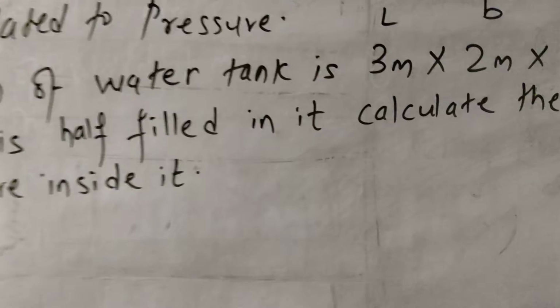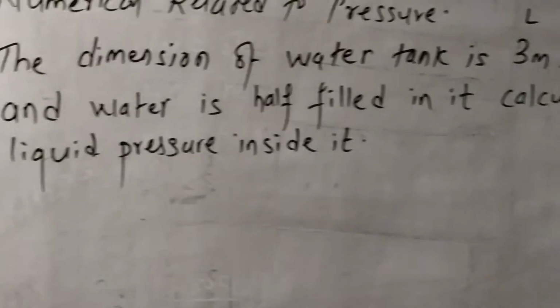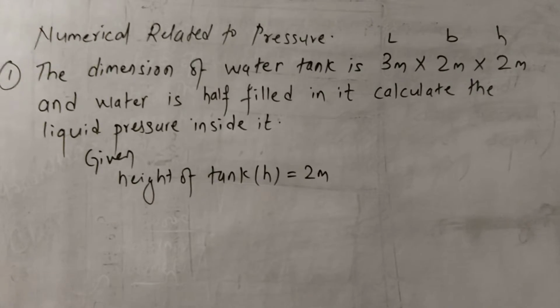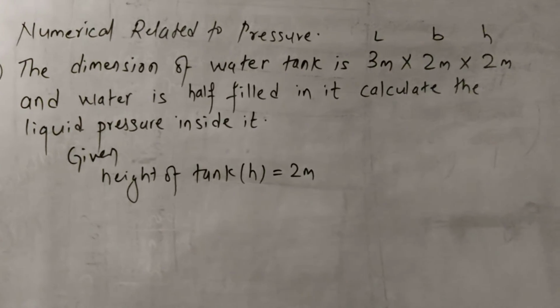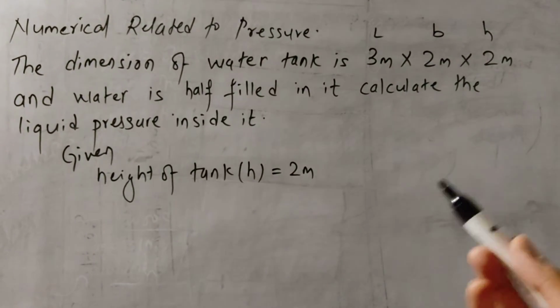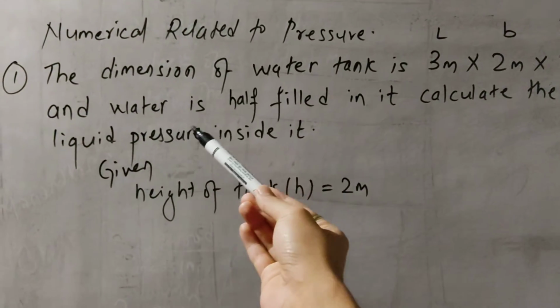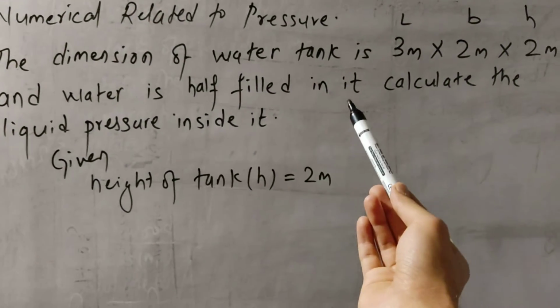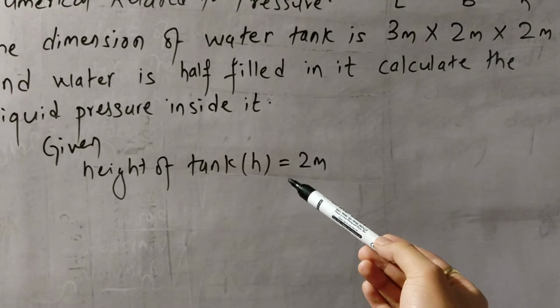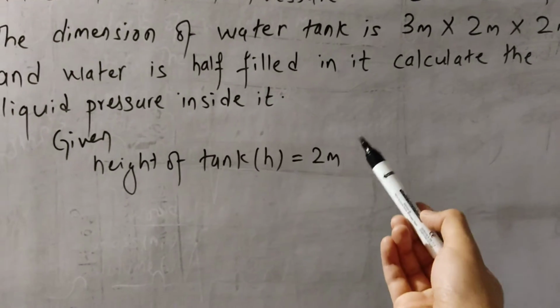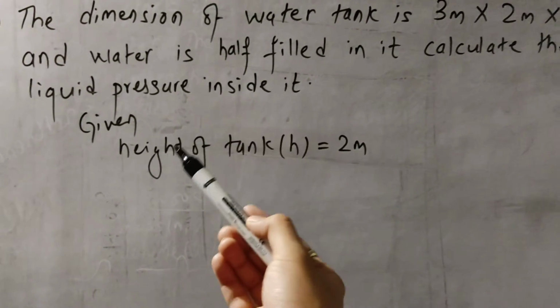Now let's write what is given there. Since the height of the tank is 2 meter, we have to write the height of the tank as 2 meter. But according to the question, look at it. Water is half filled in it. What is this half filled? That's why it will attain a height of only 1 meter, which is half of the height of the tank.